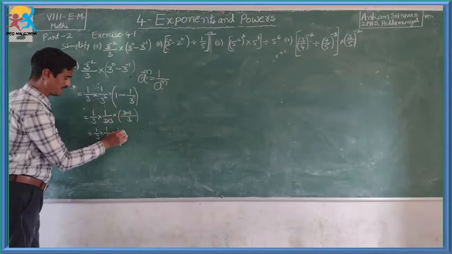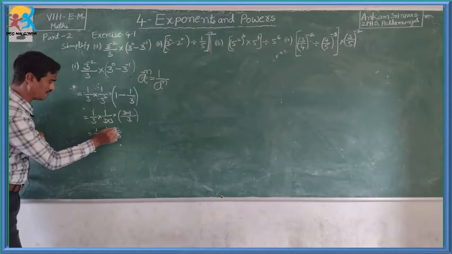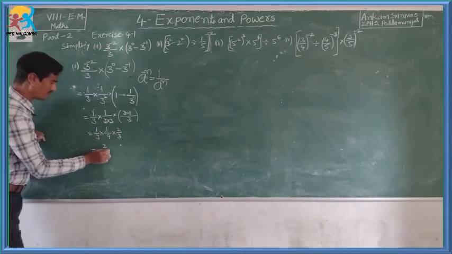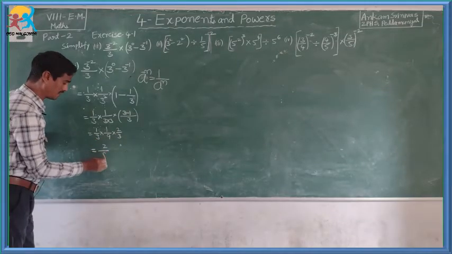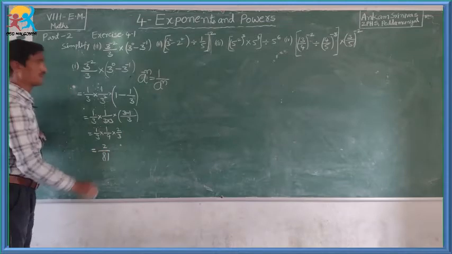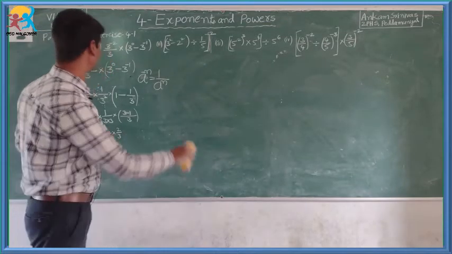So the final answer: 1 into 1, 1 into 2, 2, 3 9s are 27, 27 3s are 81. What is the answer? 2 by 81. Take another problem.